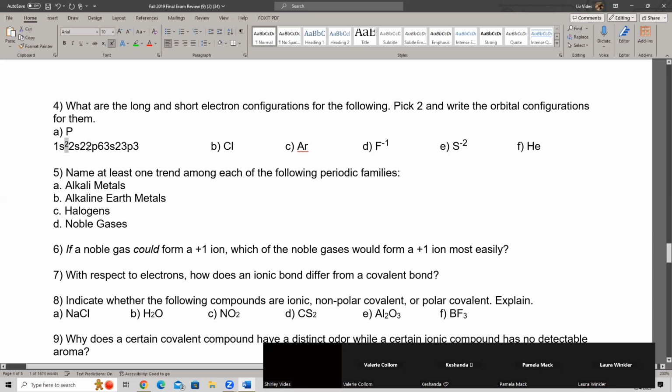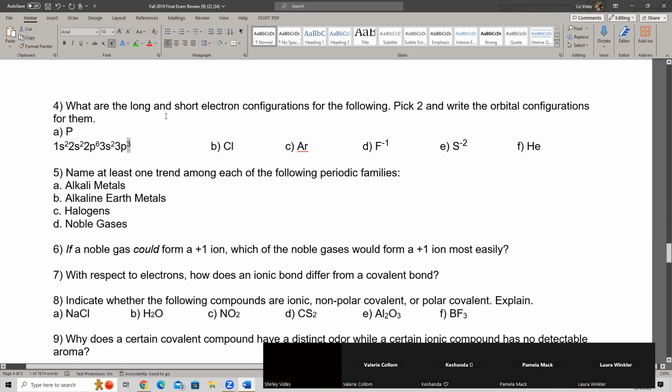All right, so these are basically a mapping of every single electron that belongs in phosphorus. Phosphorus has how many electrons? Well, what's the atomic number? 15.